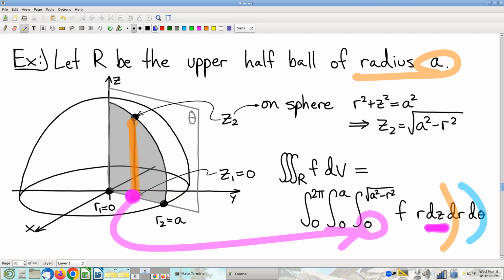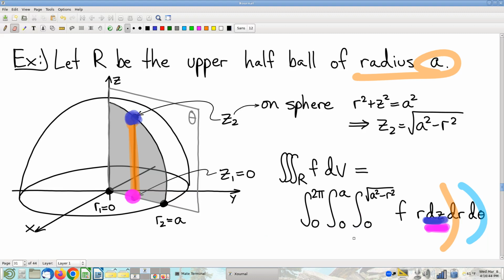Our upper bound for Z is going to come from looking at this point. And what can I say about that point? Well, it's on our sphere. Flashback to chapter 1, the cylindrical equation for a sphere is this.